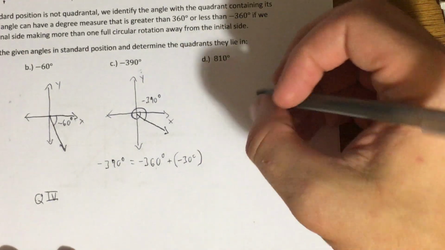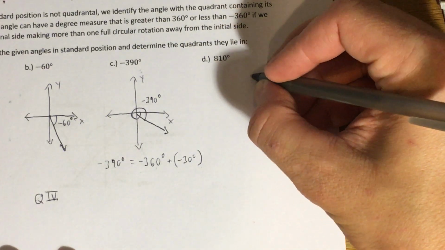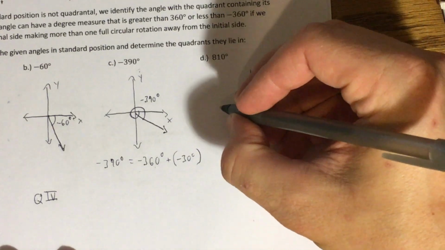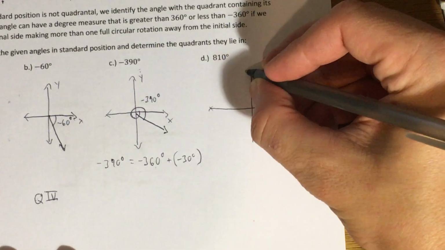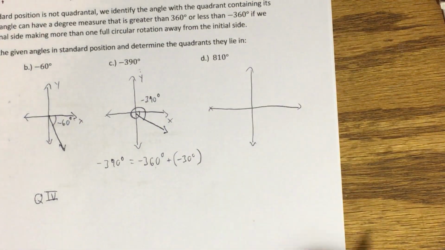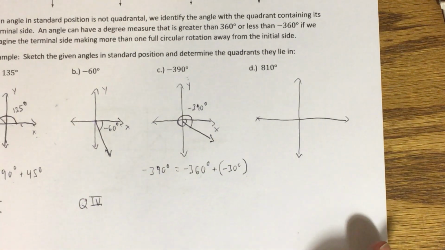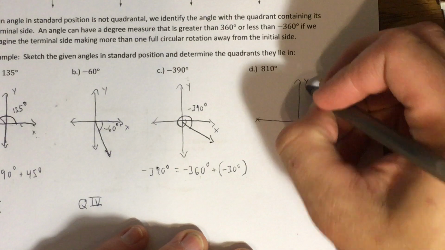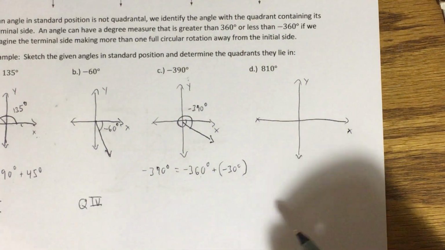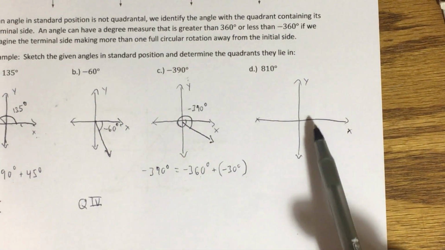One more. I've got to squeeze this in here. 810 degrees. That's a very large angle as far as the degree measure, but it's positive, so we know that it means we're moving counterclockwise from our positive x-axis. Now, think about this for a second. 360 degrees would be one full rotation.